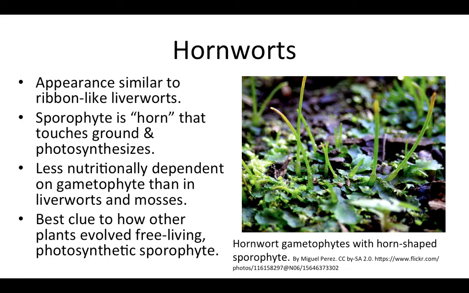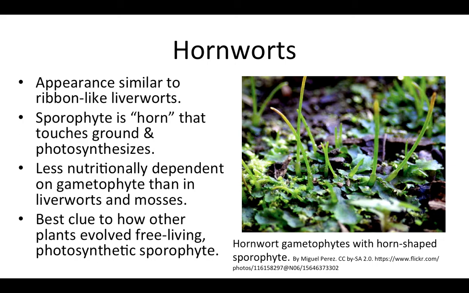So if we're trying to understand how plants transition from charophytes, which had no multicellular diploid stage, to normal terrestrial plants, which are dominated by a multicellular diploid phase, we've gotten most of the way there. By the time we've reached hornworts, we have a multicellular diploid phase that is able to do photosynthesis and able to acquire some of its own nutrition because it's touching the ground.